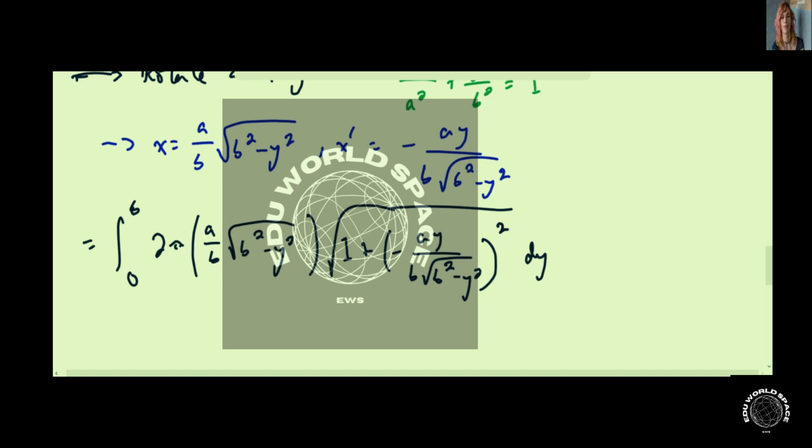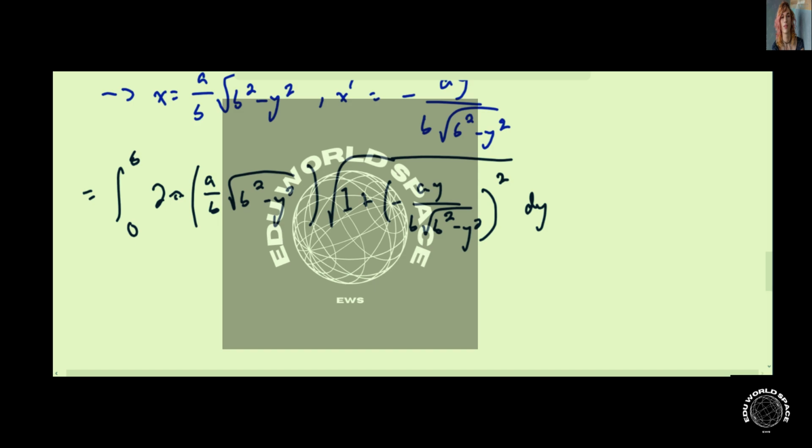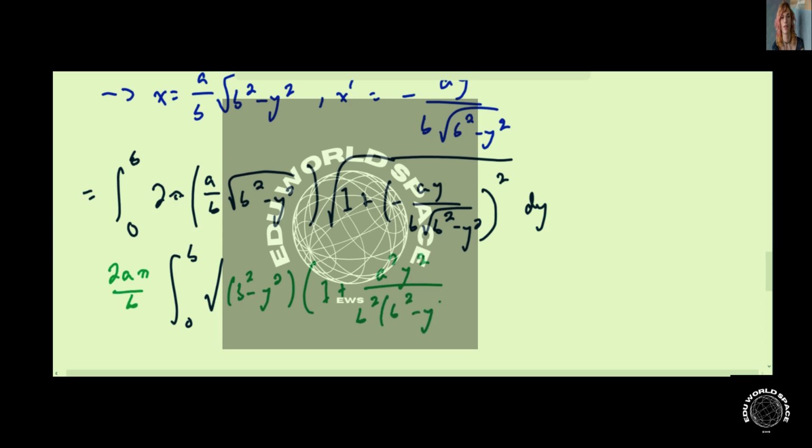The first thing we'll do is bring the a and b and the 2 pi outside. So we'll have 2a pi over b times the integral from 0 to b, and we'll have the square root of b squared minus y squared times 1 plus a squared y squared over b squared times b squared minus y squared.